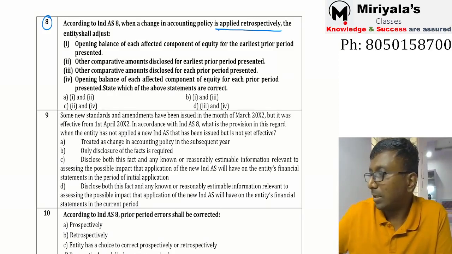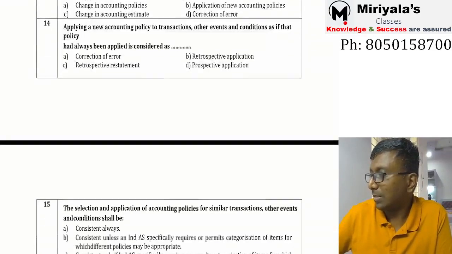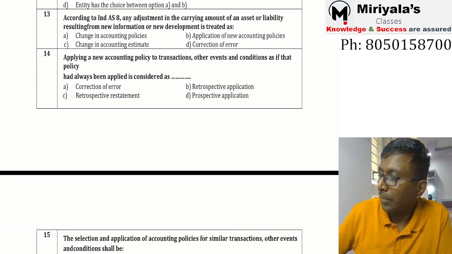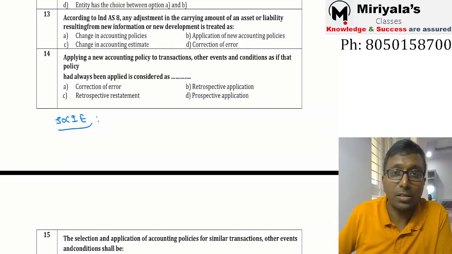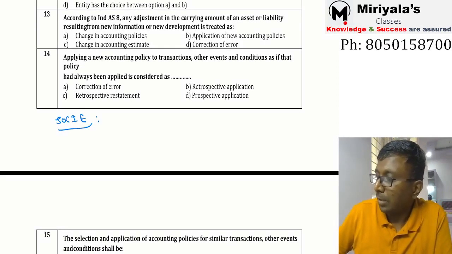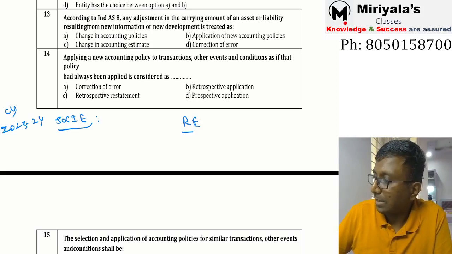I'll tell you practically what we are supposed to do whenever there is a change in accounting policy. In the SOCIE, the statement of changes in equity, let us say the current year is 2023-24. As I told you, you are supposed to give the information, for example, retained earnings or some revaluation reserve or some other reserve.